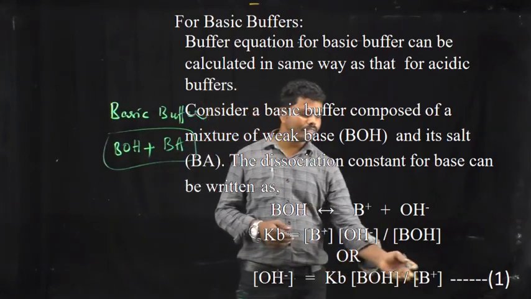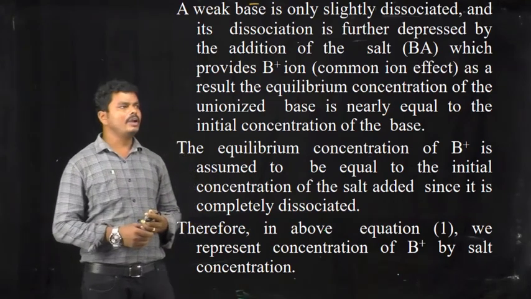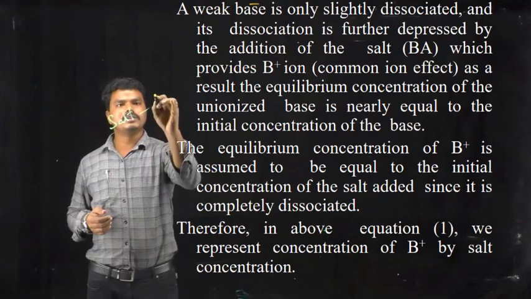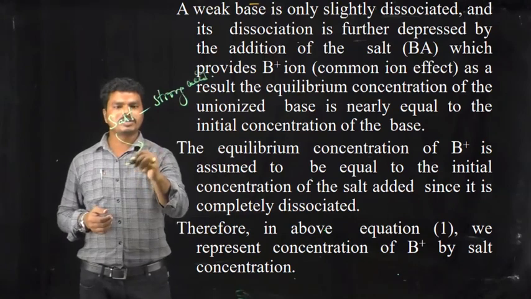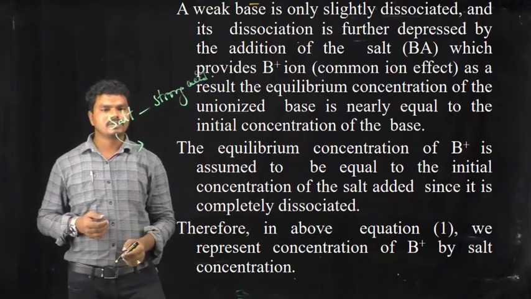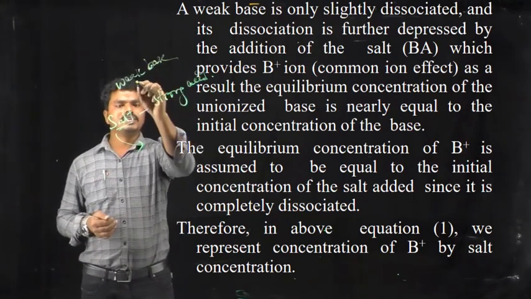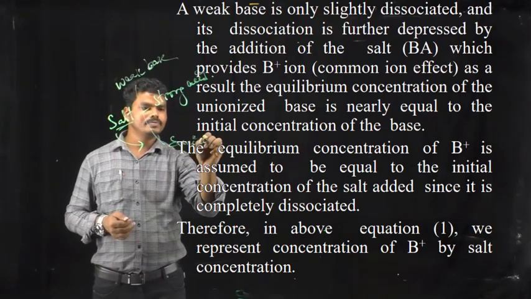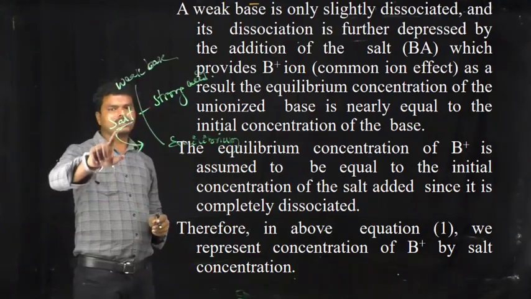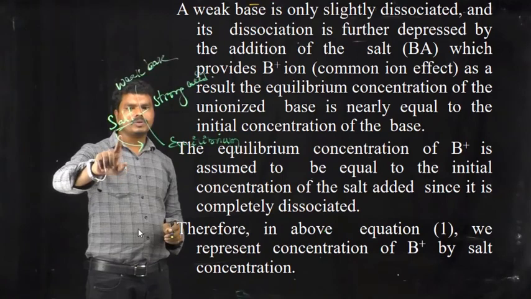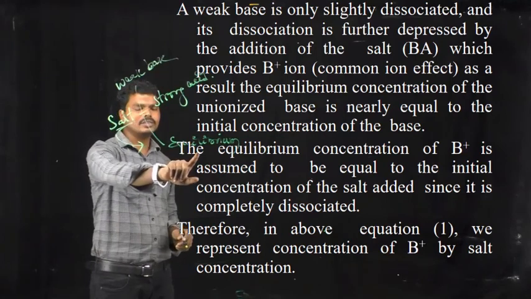So assume this equation as equation 1. We know that the weak base is subjected to partial ionization, and when the salt, which has a strong acid electrolyte, is added to the solution, the salt is subjected to complete ionization, and the common ion present in the salt and weak base will reach the equilibrium. As I mentioned in the case of acidic buffers, the salt which has the common ion will produce a high concentration, thereby the common ion present in the salt and weak base will reach the equilibrium.